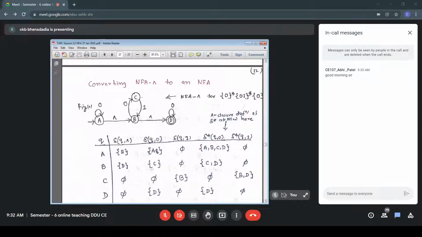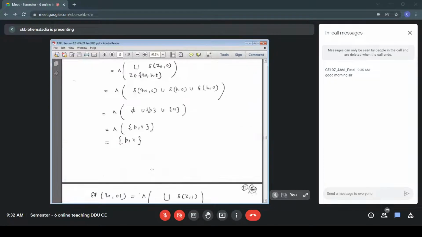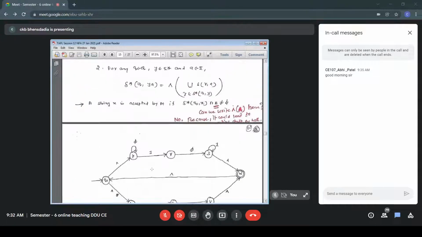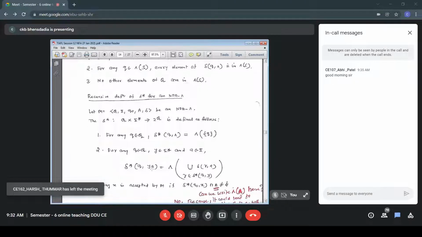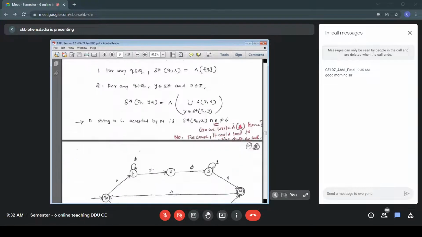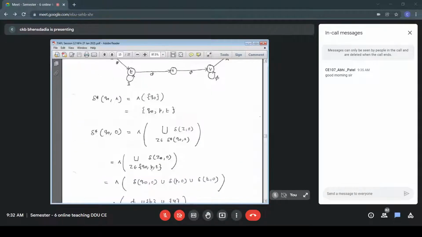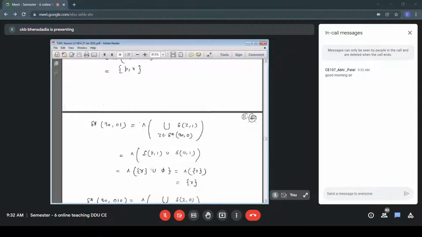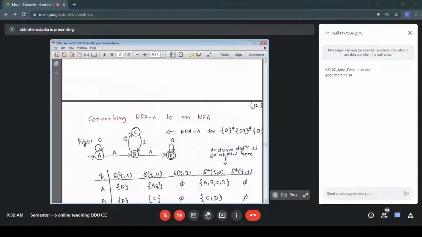So converting NFA-null to NFA, if you just recollect, we had seen the definition of delta star for NFA-null in the previous lecture, and then we worked out an example. Now, the claim is we can convert any NFA-null to an equivalent NFA.